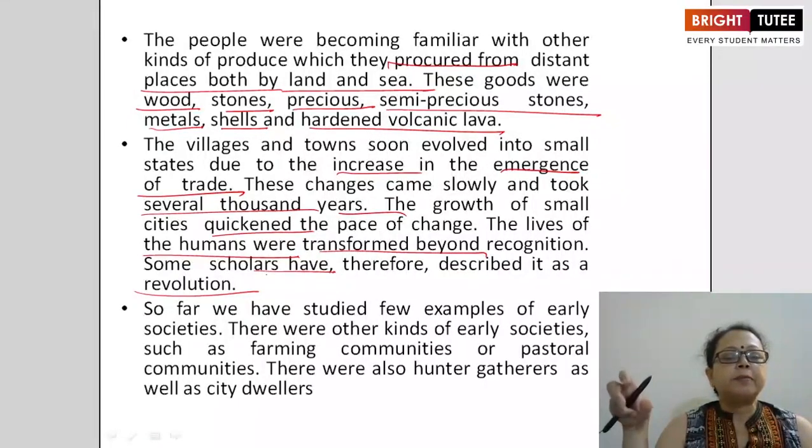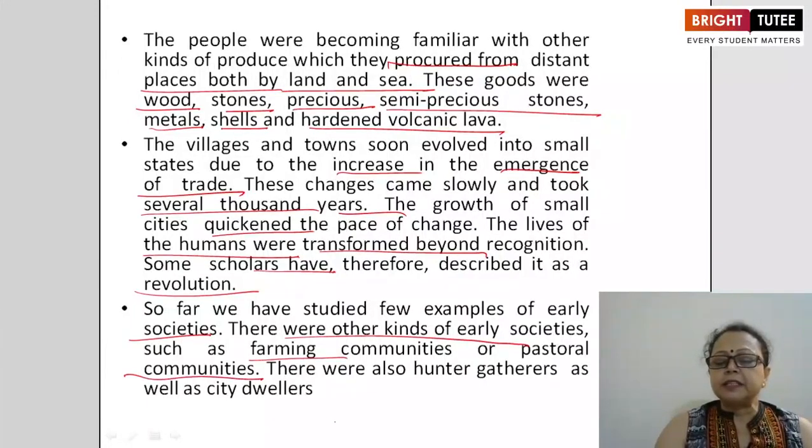by the people. So far, we have studied a few examples of early societies. There were other kinds of early societies, such as farming communities or pastoral communities. There were also hunter-gatherers as well as city dwellers.